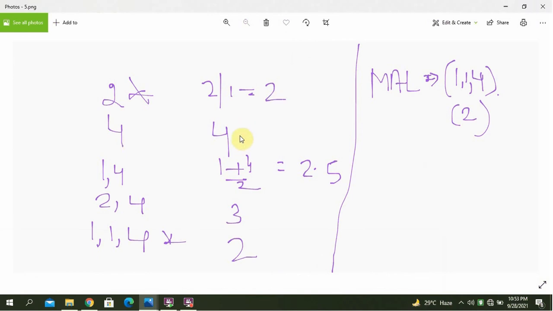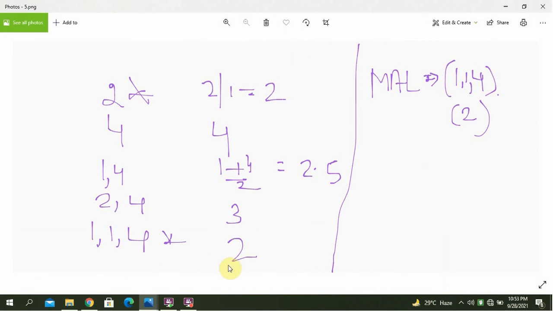Here 4 by 1 equals 4, 1 4 2, then 1 plus 4 divided by 2, that is 2.5, 2 4 2 plus 4 divided by 2, that is 3, 1 1 4, that is 1 plus 1 plus 4 divided by 3, 4 plus 1 is 5, plus 1 is 6, divided by 3, that is 2.